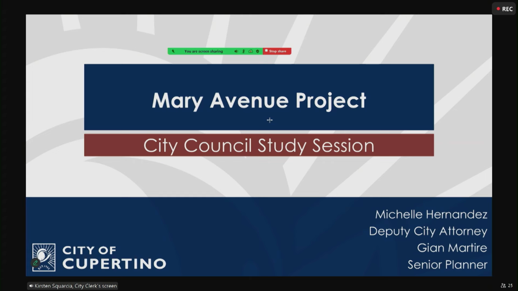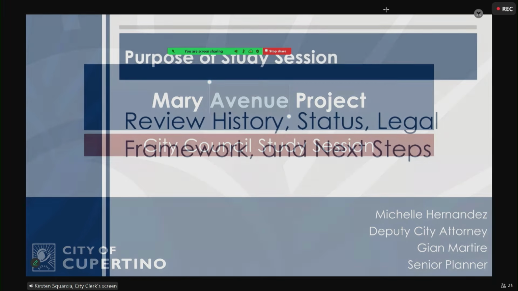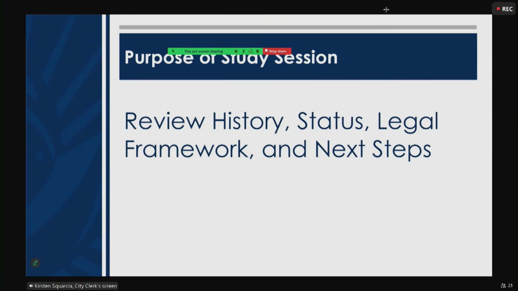Again, this is a little bit more focused and the purpose narrow. Next slide, please. As indicated in the staff report, we're going to review a little bit about the history of the project, the status, the legal framework, and the next steps. Next slide.